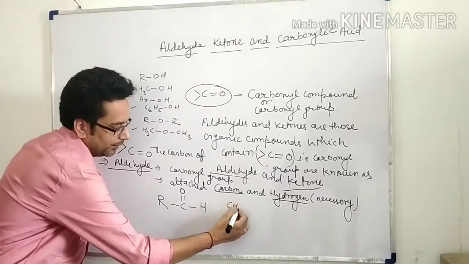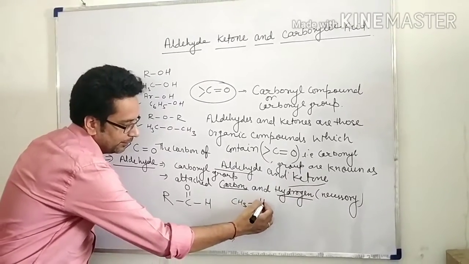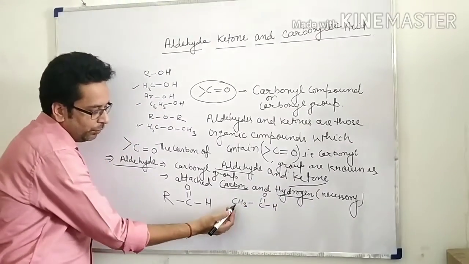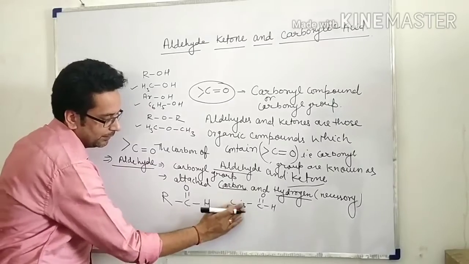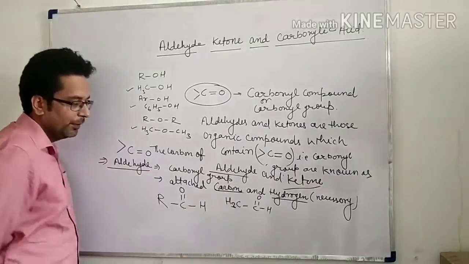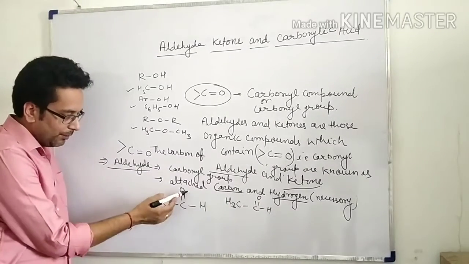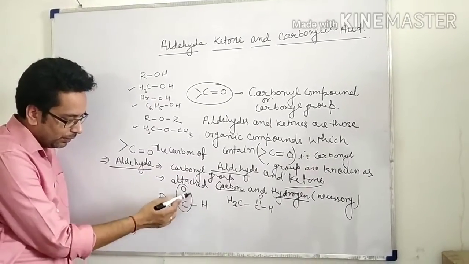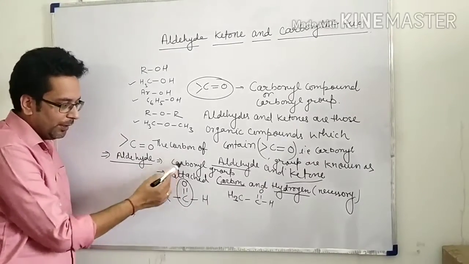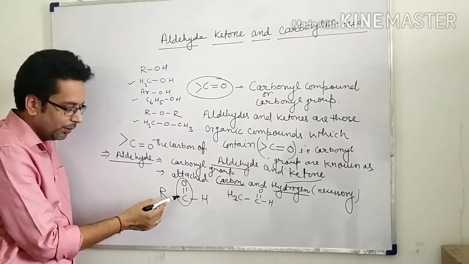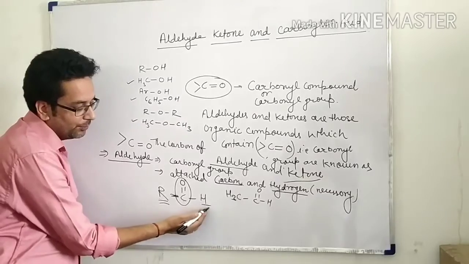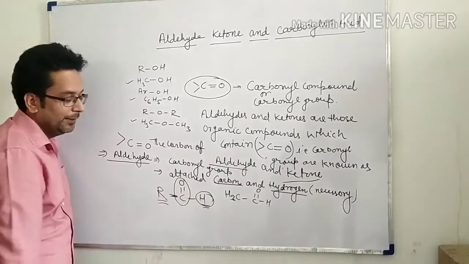So if we take CH3COH, it can also be written as CH3CHO. The carbon of the carbonyl compound is attached with R, that is carbon, and one hydrogen, and this hydrogen is necessary.